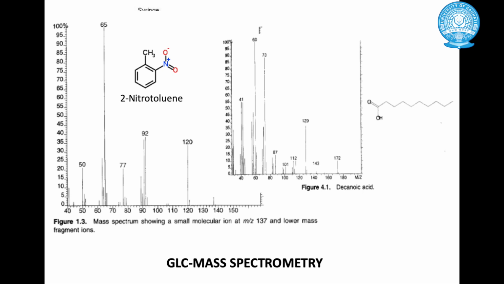Now in contrast with gas chromatography, high performance liquid chromatography is another technique which is used for quantification as well as identification of compounds which are polar or non-polar in nature.